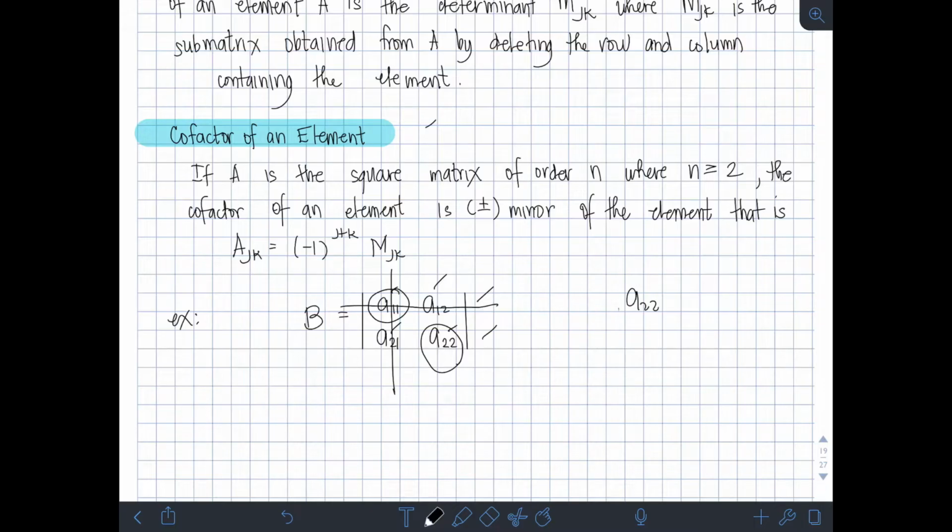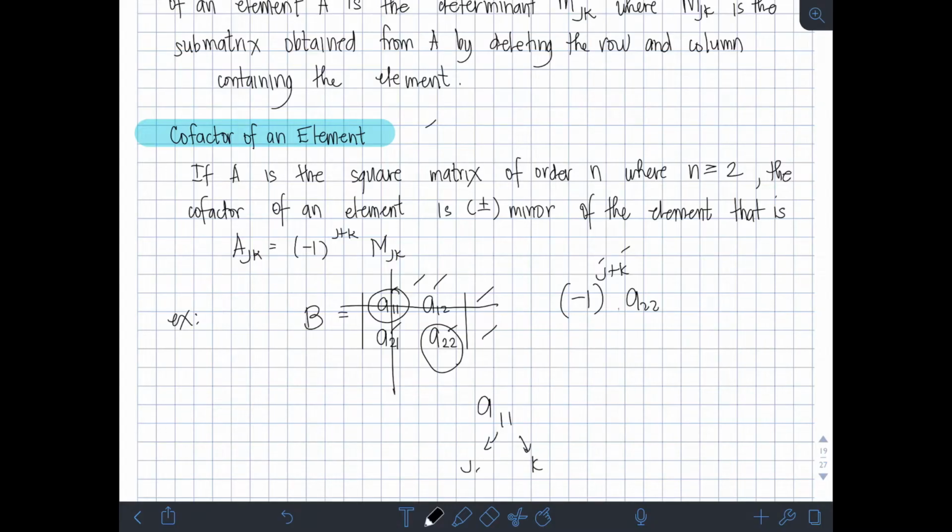And then, para naman sa cofactor of an element, so let's say consider na natin yung cofactor nitong element a11. So, kung anong nakuha nating minor niya, which is a22, right? Imumultiply lang natin yon sa negative 1 raised to j plus k. Kung saan yung j tsaka k is, yung kinoconsider natin is a11, right? Yung j is yung row nung element natin, tapos yung k is yung column ng element natin.